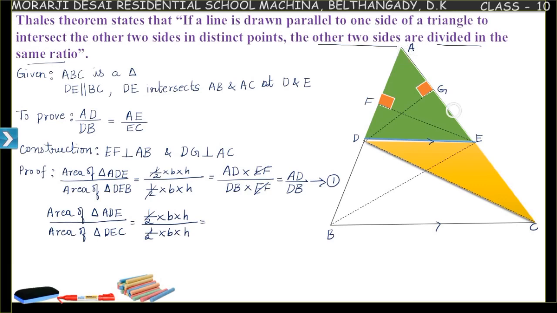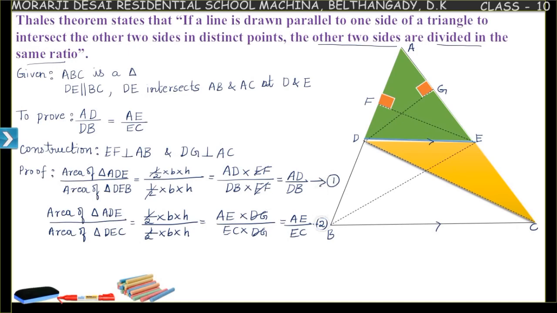Now half cancels. For triangle ADE, now I am taking AE as the base. So height is from the opposite vertex, that is DG. For triangle ECD, EC is the base and height is DG. So DG cancels, remaining AE by EC. Take it as equation 2.